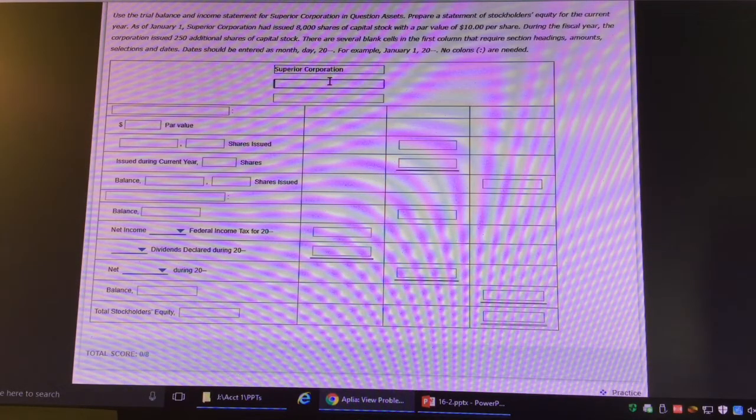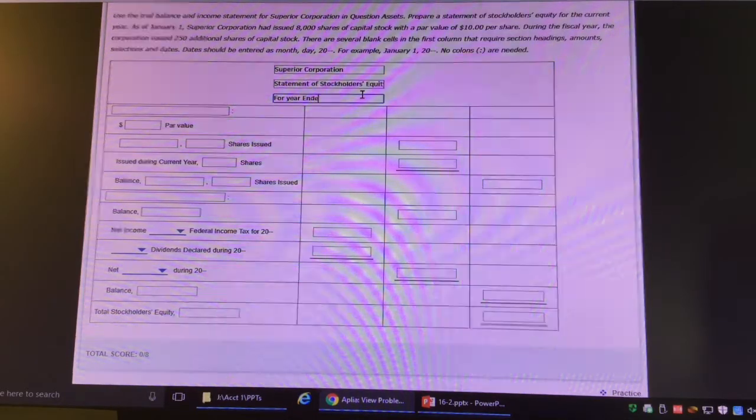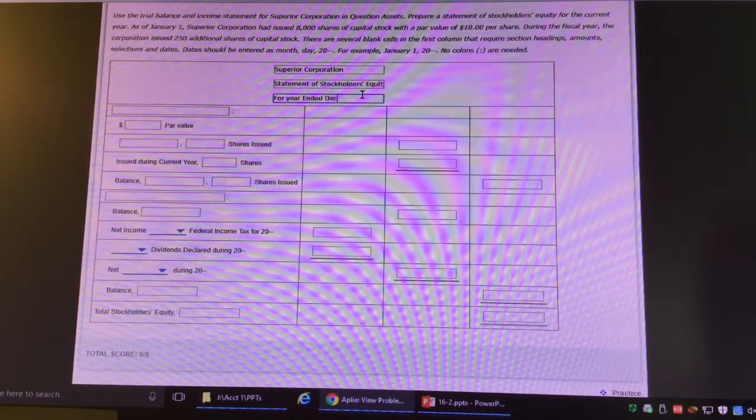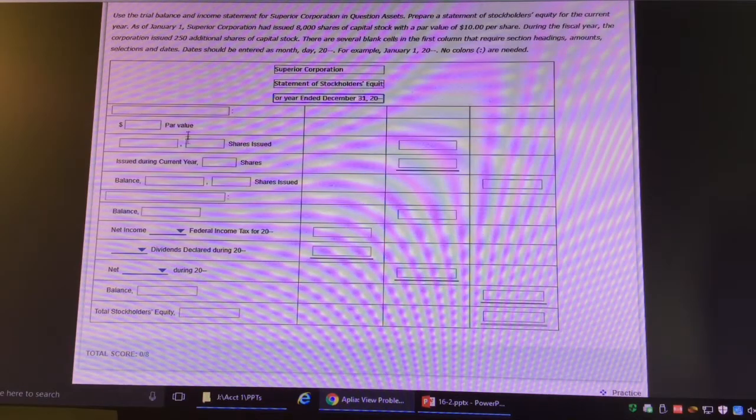This is the statement of stockholders' equity for year ended December 31st, 20--.